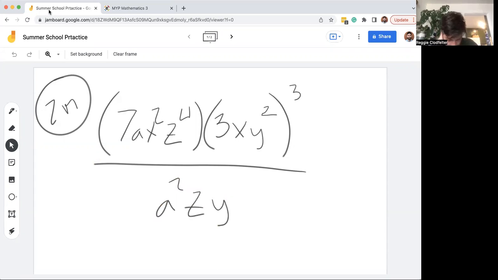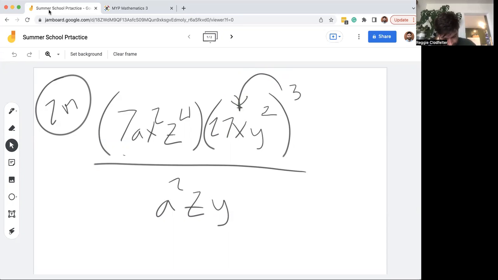Okay, so first things first. Our entry point: can't simplify anything here, can't simplify anything here. So we're going to simplify the top right parentheses by applying first the 3 to the 3. So 3 cubed is 27. Then we're going to apply it to the x.